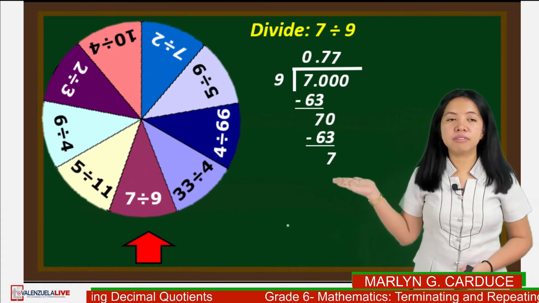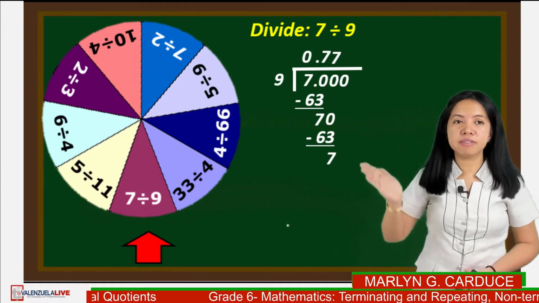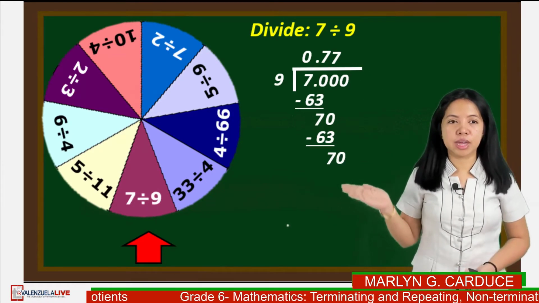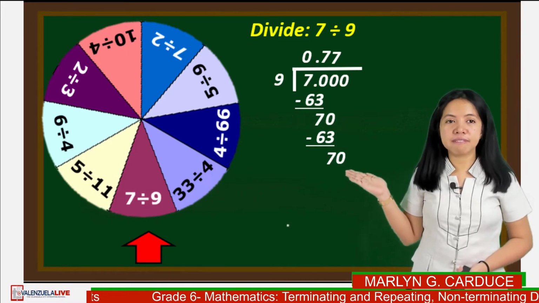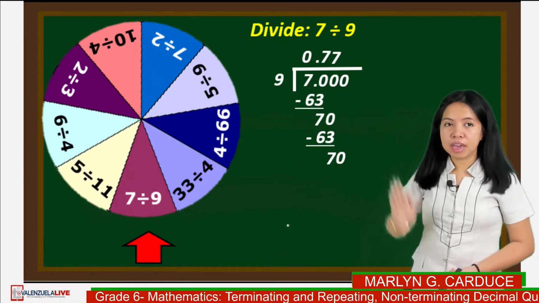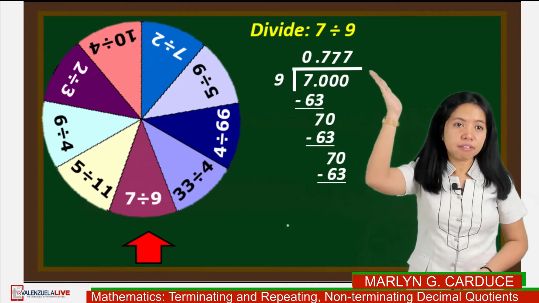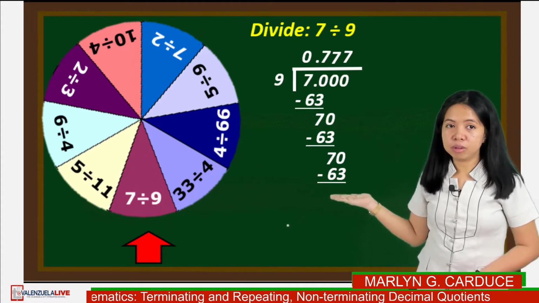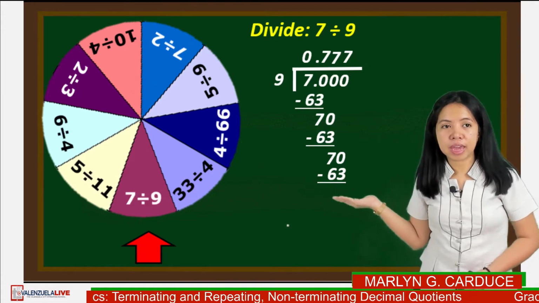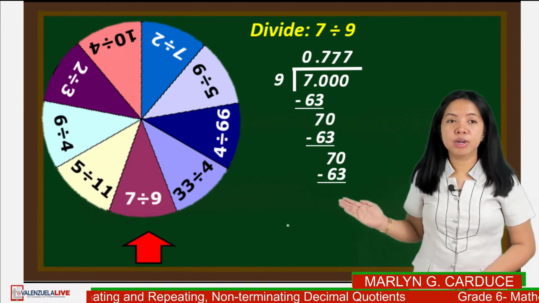Since we still have a remainder 7, let's write another 0 in the dividend and then bring down. So that will become 70. 70 divided by 9 is still 7. And let's multiply 7 by 9, and again, we get 63. And let's subtract 70 minus 63.